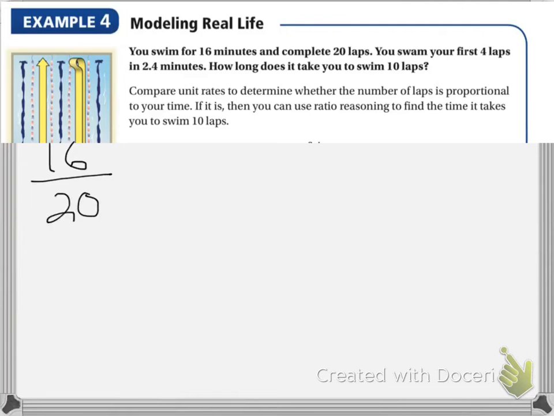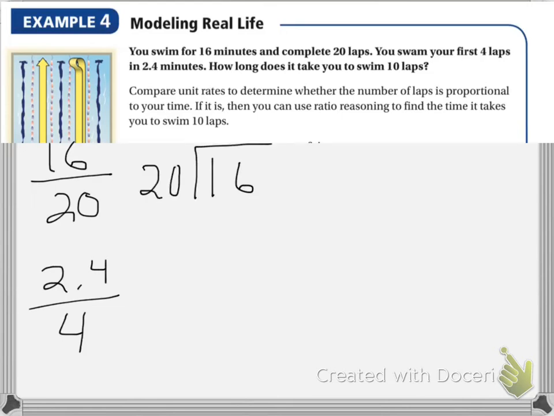And then they tell us that in your first 4 laps, you take 2.4 minutes and swim 4 laps. So what we are going to do with this is take this down to the unit rate. In order to do that, you're going to take your 16 minutes and divide that by the 20 laps.